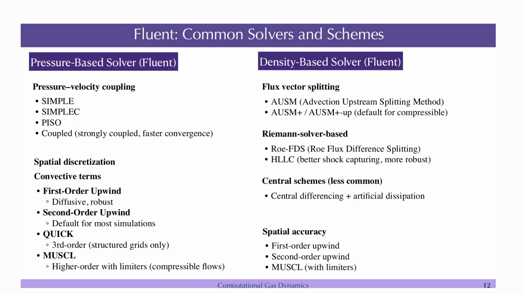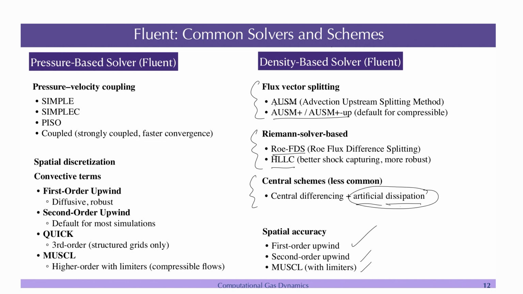If it is density based solver, then you have AUSM and AUSM plus, which are basically flux vector splitting, and then you have Riemann solver based approaches, like the Roe that we have discussed earlier, and HLLC. And there are certain versions of central schemes, but you require dissipation, as we have discussed. The central schemes are basically unstable for convection dominated flows. So, that is why you use some dissipation there. And accuracy again can be determined by first order, second order or MUSCL.